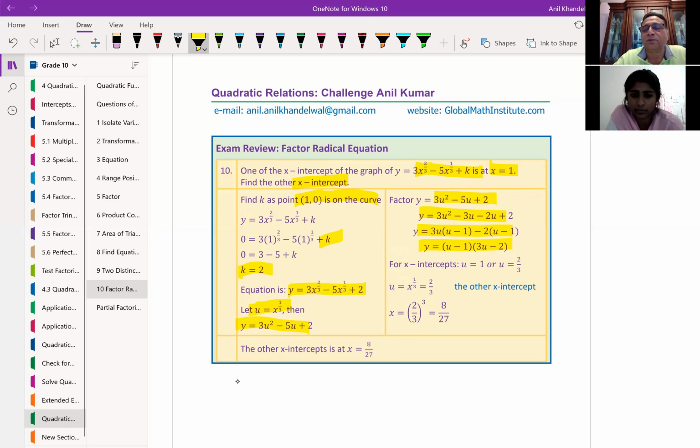As soon as you factor, one of the factors is u equals 1, which is already given to us as one of the x-intercepts. So it is the second one which we are looking into. The second one is 3u minus 2, which gives us u as 2/3. Substituting back x to the power of 1/3 as u equals 2/3, we just cube both sides and find the answer, which is 8/27.